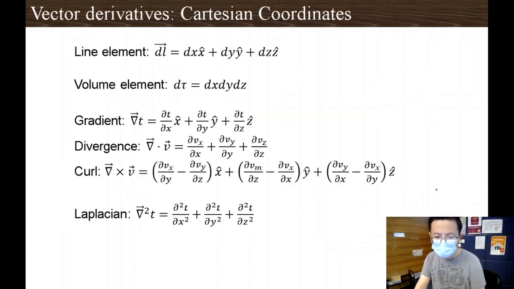And what follows is that you actually need to generalize the derivative also from the Cartesian coordinate to the spherical coordinates or to the cylindrical coordinates. And so here in the Cartesian coordinates, the line element is very simple, right? So it's simply dx x hat plus dy y hat and dz z hat. And everything follows very neat and tight. But if you do this to the spherical coordinates, you might find additional things that you need to consider.